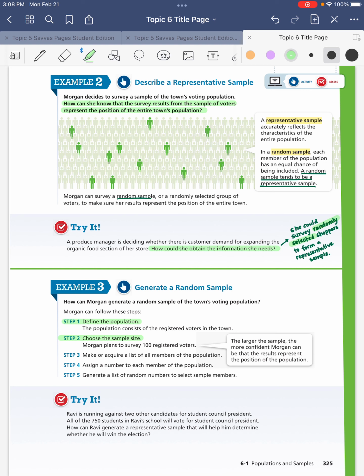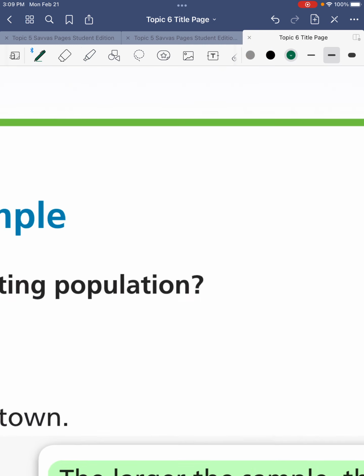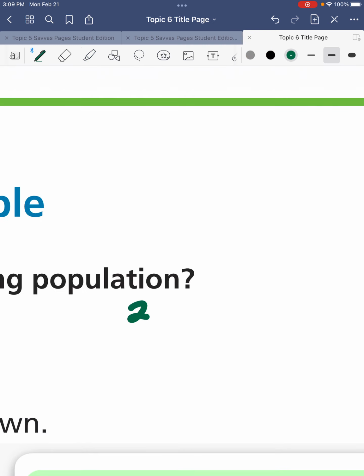Okay, and then there's this little note. The larger the sample, the more confident Morgan can be that the results represent the position of the population. So we don't need the sample to be too large. Remember when we were talking about the number of voters in the population? I think it was 2,468. Let me go back and double check. Yes, 2,468. So if she surveys 2,000 people, that's still going to take a lot of time.